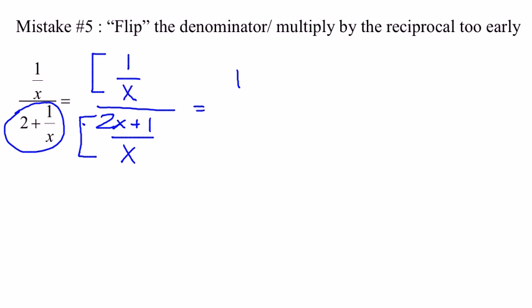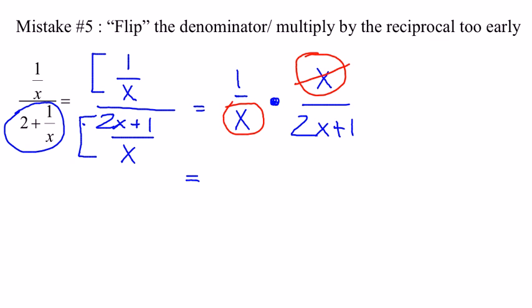We keep the first one, change the sign to a multiplication, and then flip the last one, or multiply by the reciprocal. So notice I can cancel out these x's, and what I'm left with is simply 1 over 2x plus 1.